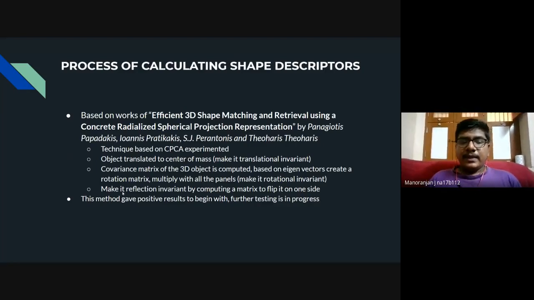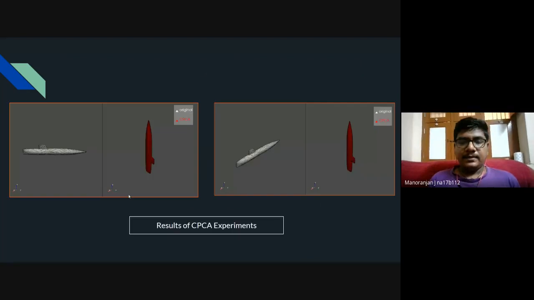We should also make it reflection invariant. I have a picture here, which is what I was talking about. No matter what the original orientation of the 3D object is, this algorithm can bring it back to this orientation.